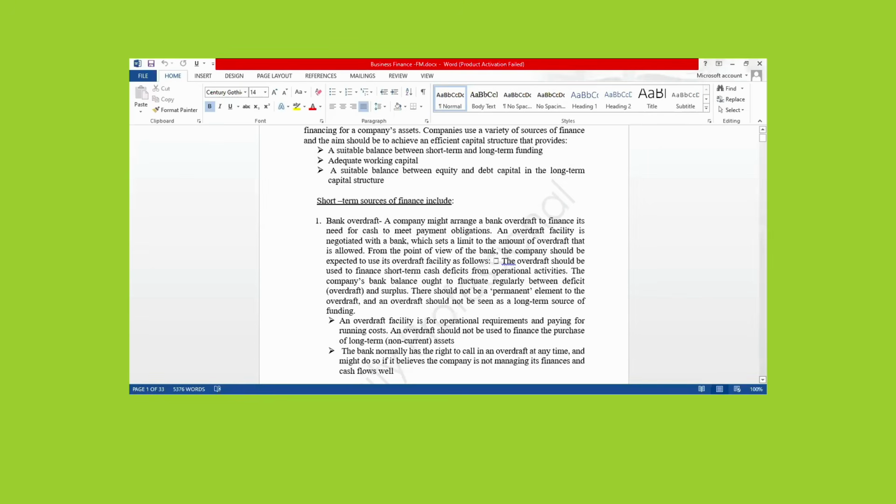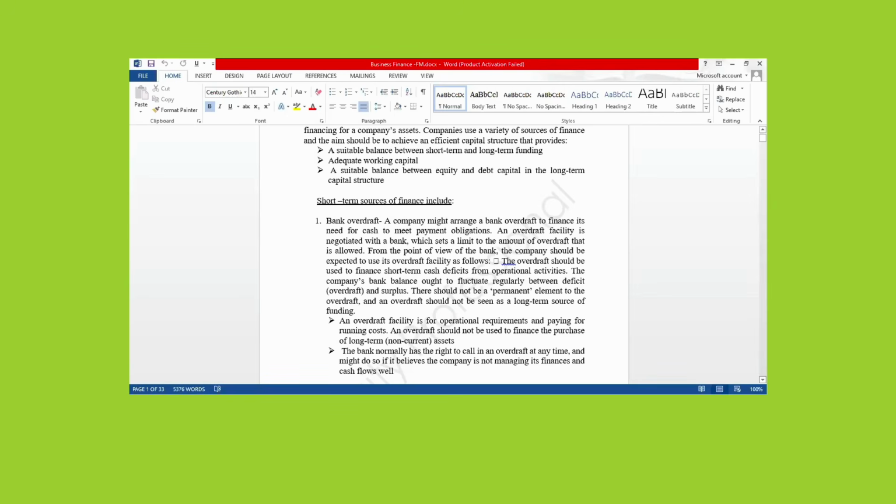Then lastly, the bank reserves the right to call in an overdraft facility at any time.